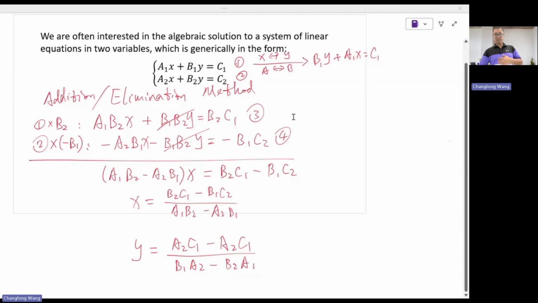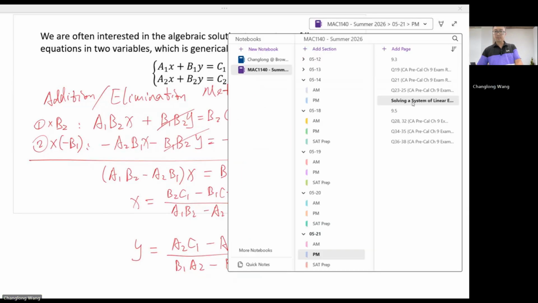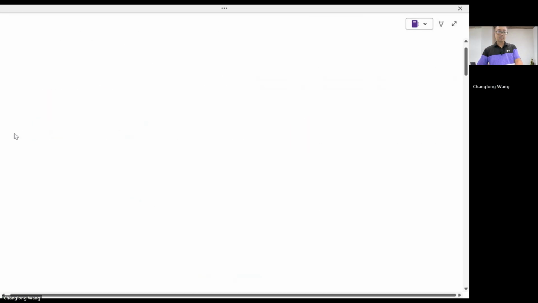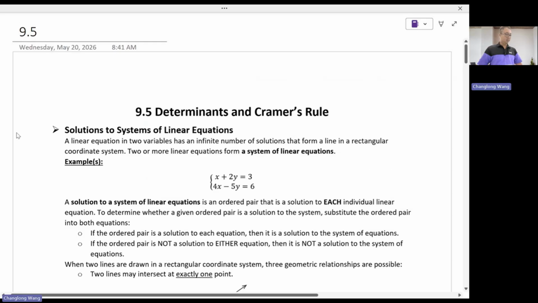All right, so let's get started officially with 9.5. The packet I just gave you has the first page, all typed up, with some terminology or prior knowledge you need to have about systems of linear equations.